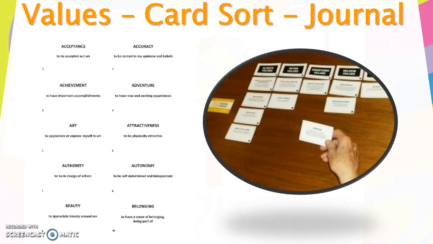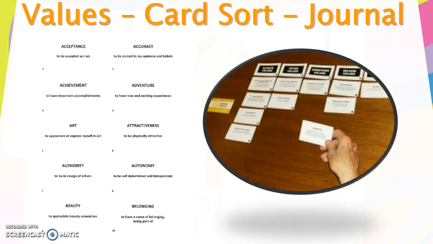Once you cut out the cards, you should have a header card sheet that lists headers such as most important to least important. Those are your header cards. What you'll want to do is similar to the image on the right and place your header cards at the top of your desk. Then take the cards that you have cut out and begin to place them under the header card that suits that value the most or best.